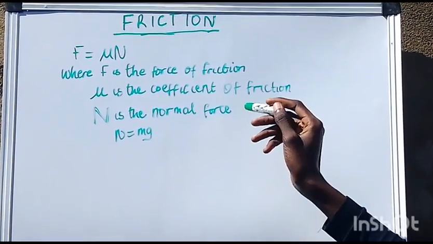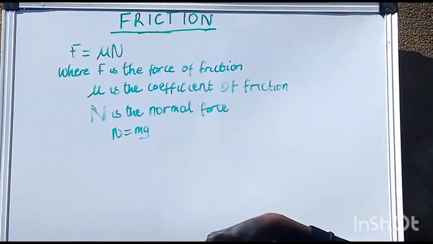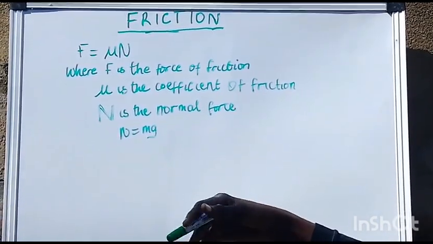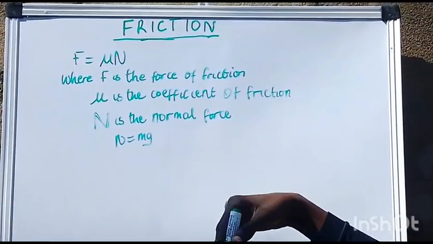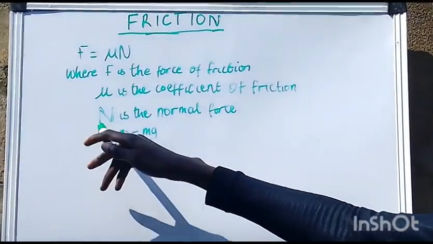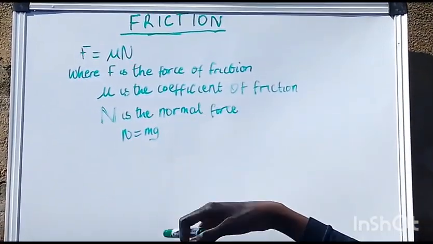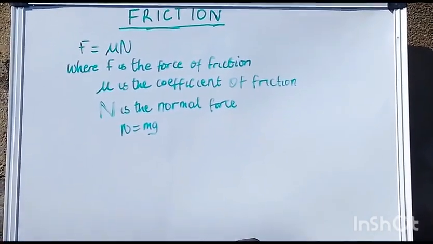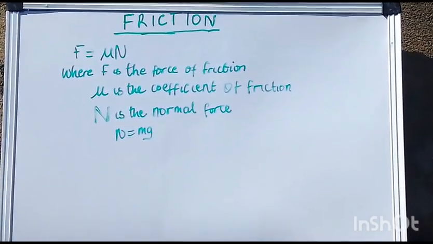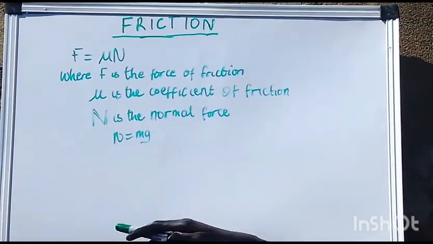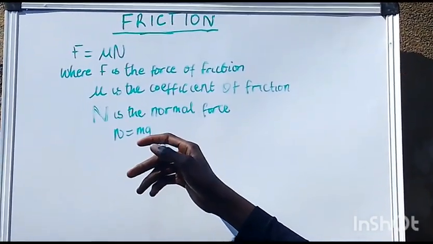The coefficient of friction is a number that depends on how rough or smooth a surface is. Then N is the normal force. The normal force for flat horizontal surfaces is usually just the weight. So N equals mg.